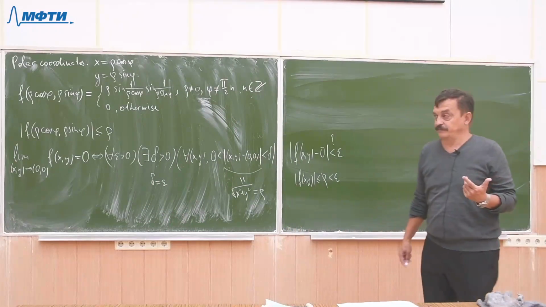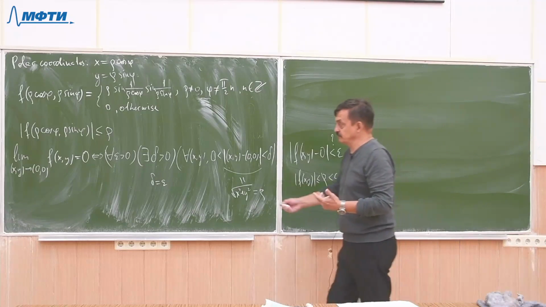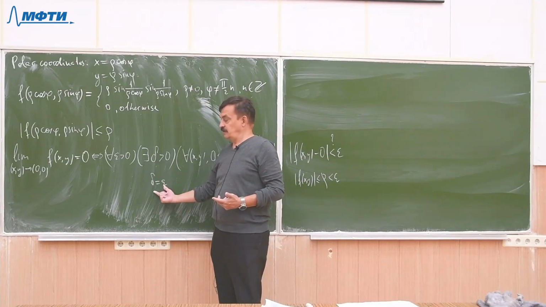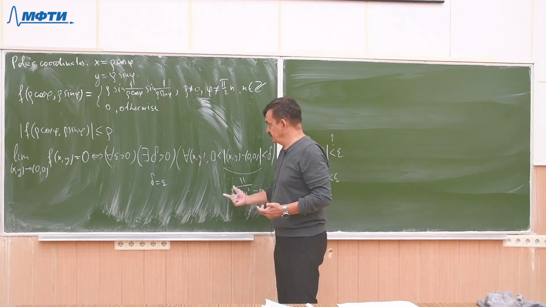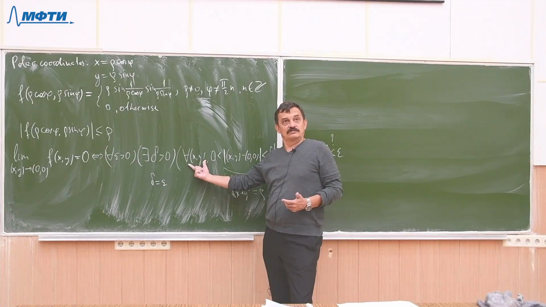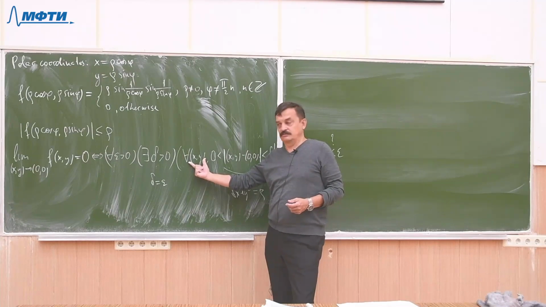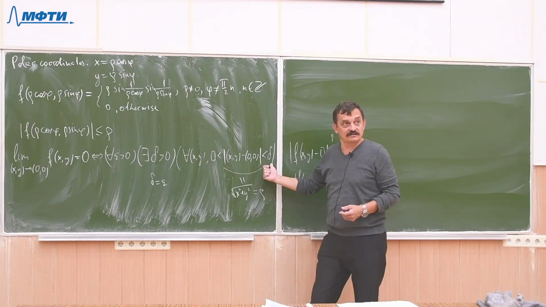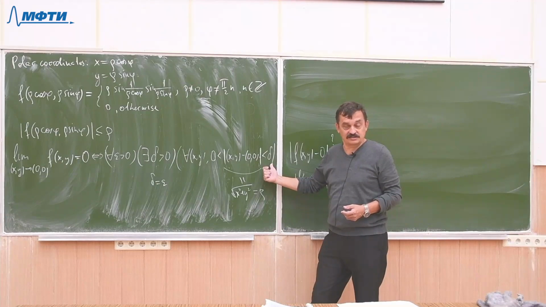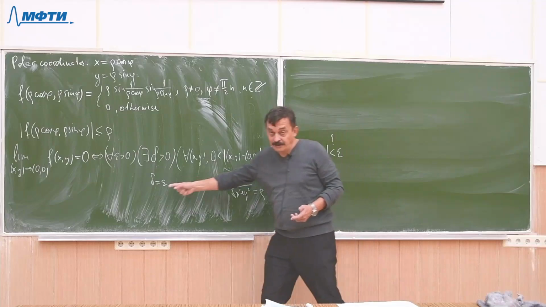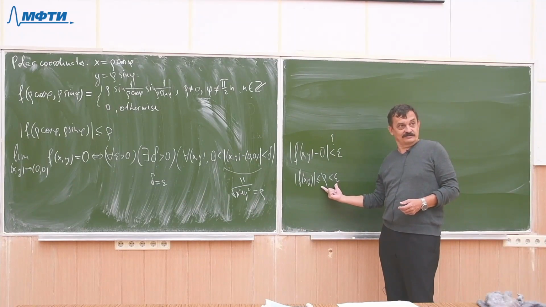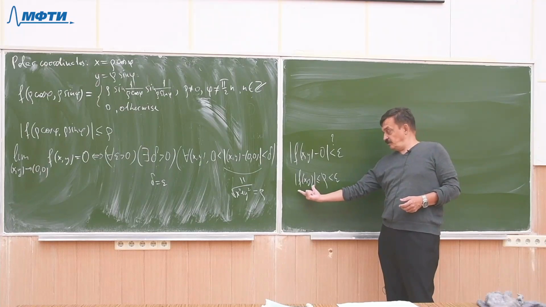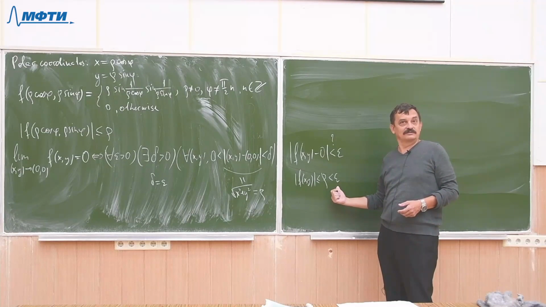So for arbitrary epsilon greater than 0, I indicate delta, which is just epsilon, such that for each point x, y which satisfies this inequality, and this inequality here reads like rho less than epsilon, right? But if rho is less than epsilon, then for sure modulus of f of x, y is less than epsilon, right?